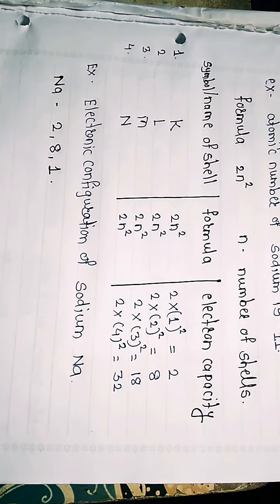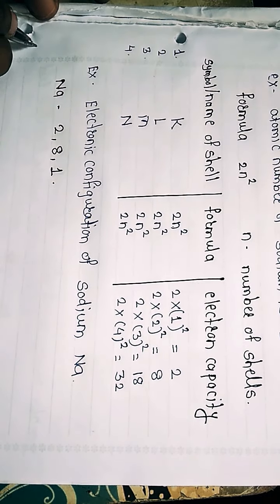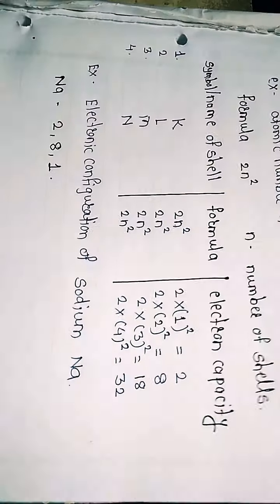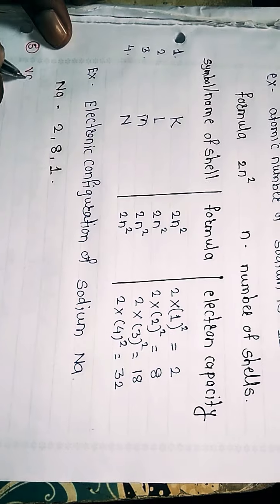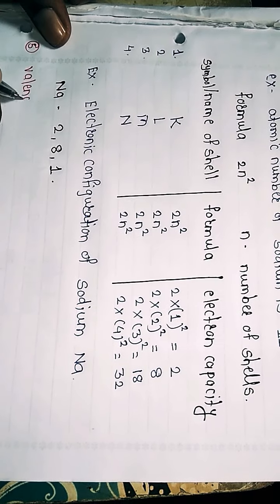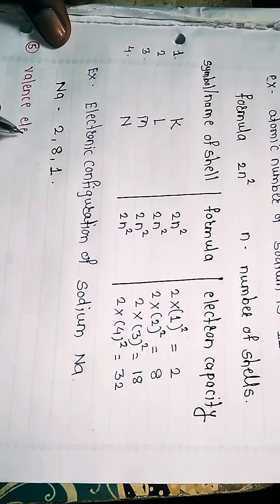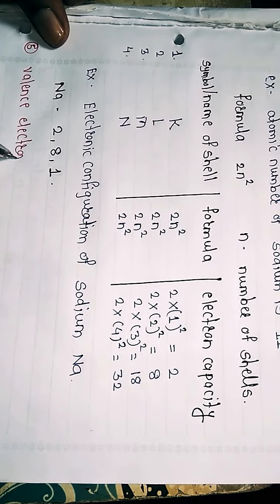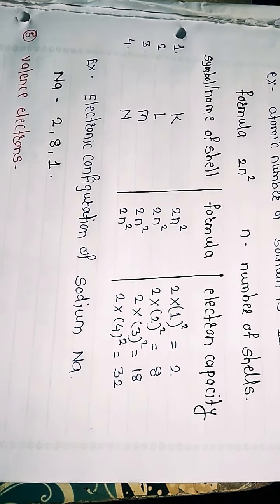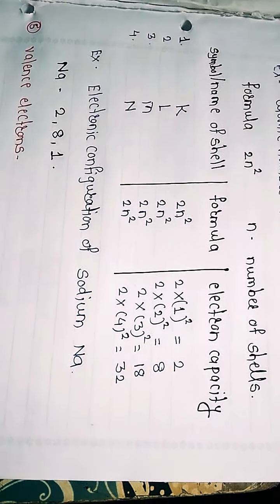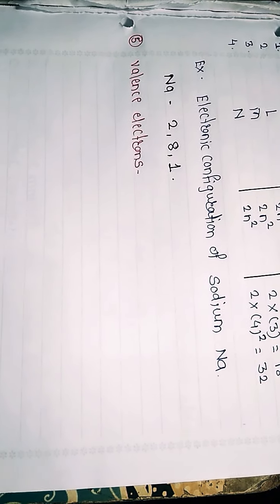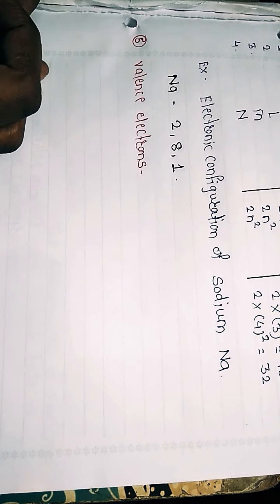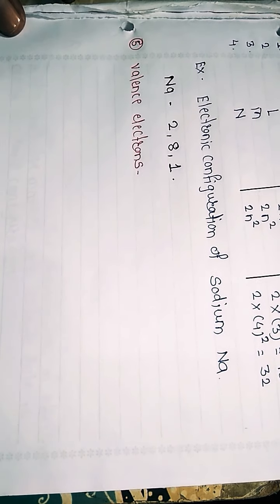Next definition is number five: valence electrons. This is the simplest definition, which can easily be found by anyone.